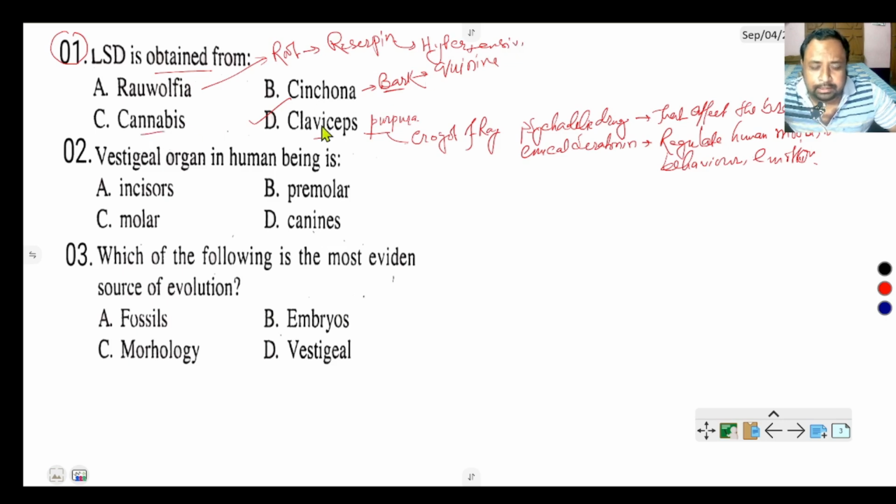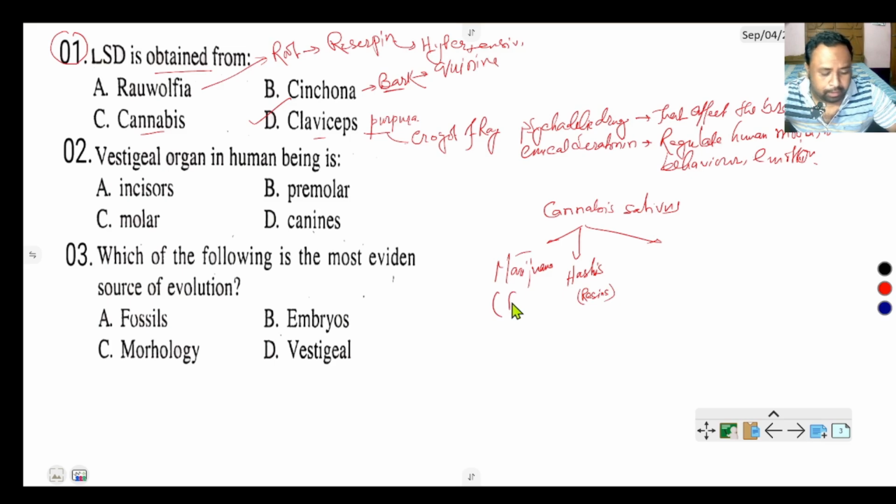And Cannabis sativus. From this plant marijuana and hashish are produced. Marijuana is from the dried flowers and leaves, and hashish is produced from the resin of the cannabis plant.